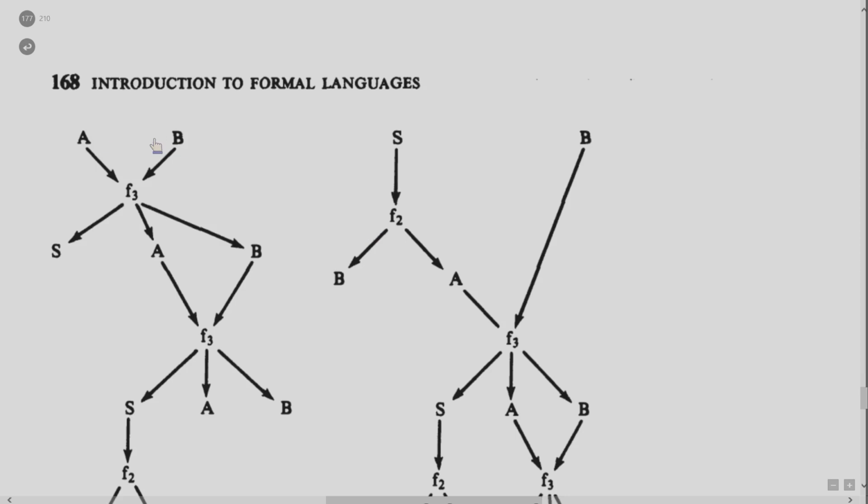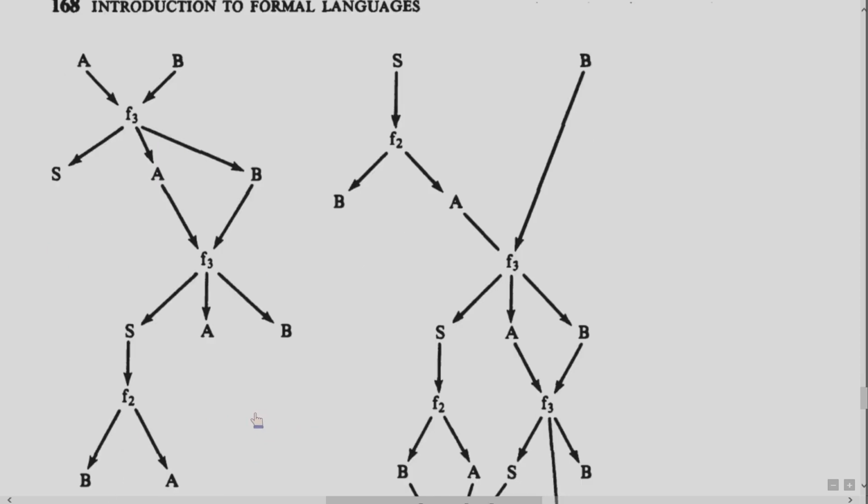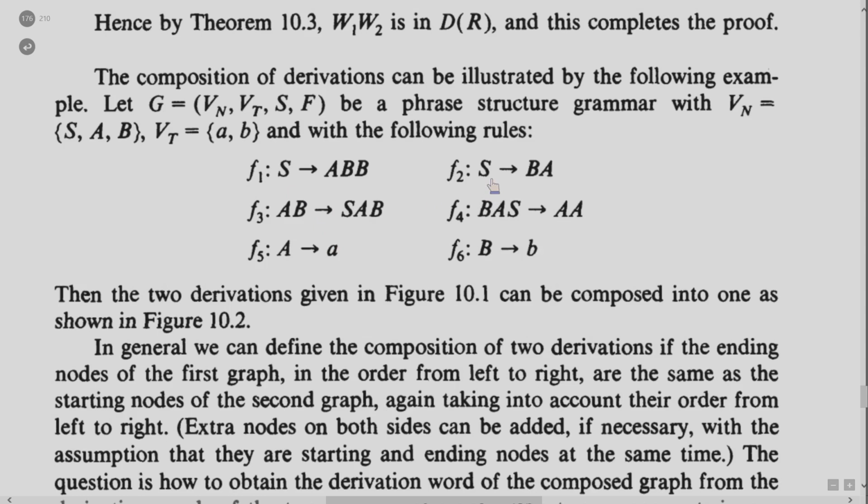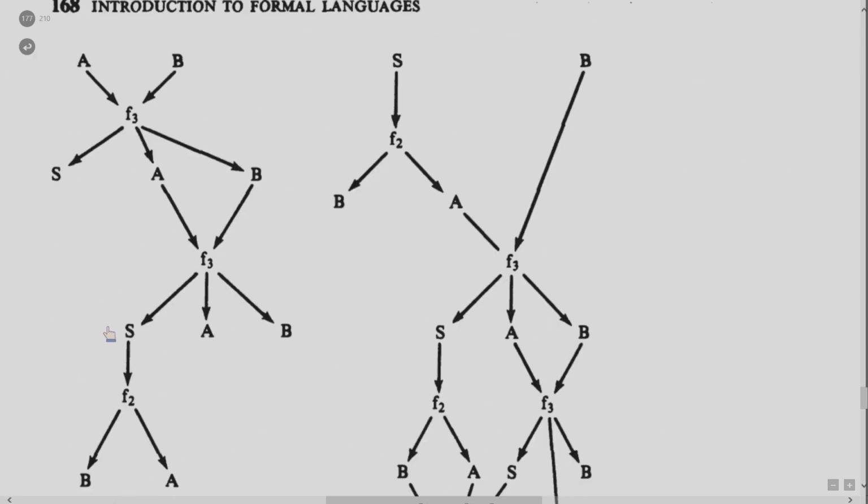We will be using these production rules to derive words. For example, F3 is used where AB is replaced with SAB. So AB, using the F3 rule, changes to SAB. Similarly, again we have the AB combination. We can apply the same production rule F3, which changes AB to SAB. So now we have SSAB.